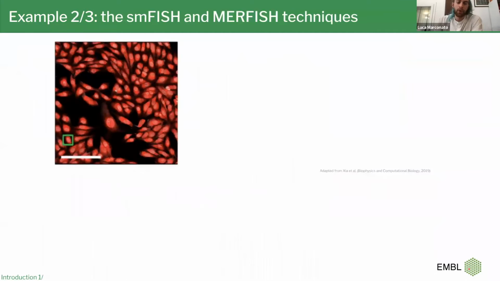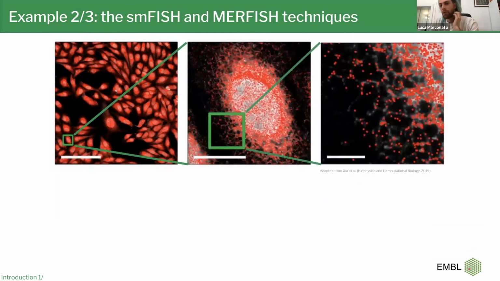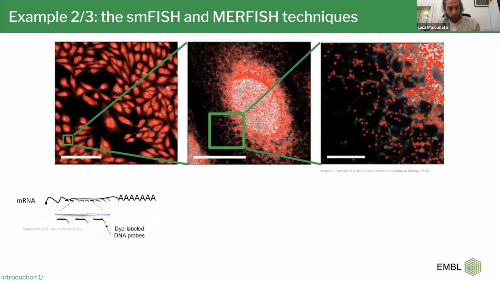The second example I want to show you, the second category, is a MERFISH dataset, and the data look like this. We have information that we can zoom in until we get a very fine-grained subcellular resolution, and each point is a single molecule. And the experimental method, just also to get you a bit more familiar with the data, is a very simple idea.